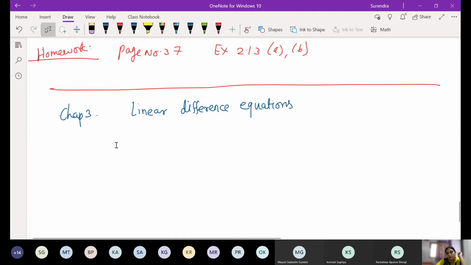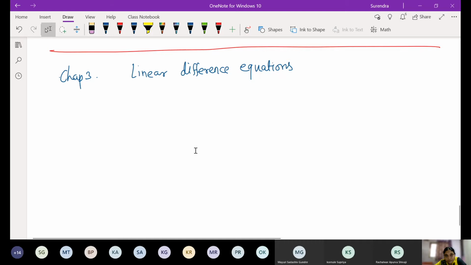In the introductory first lecture, we saw what linear differential equations are, right? We revised what linear differential equations are and how to solve linear differential equations with constant coefficients. Now this linear difference equation is analogous to linear differential equations.